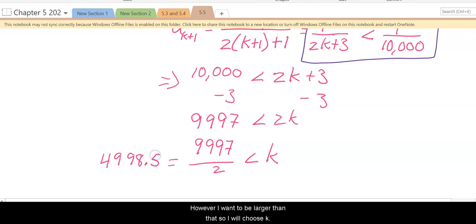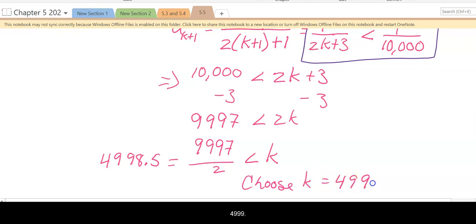However, I want k to be larger than that, so I will choose k to be 4,999. That will guarantee that my error will be less than 1/10,000th of a value.